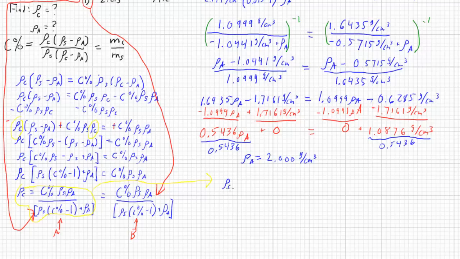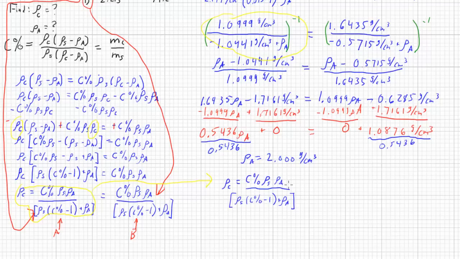So the density of the crystalline is, we can use either percentage, C percent, in fact, we can use what we have right here, did all the calculations except this.